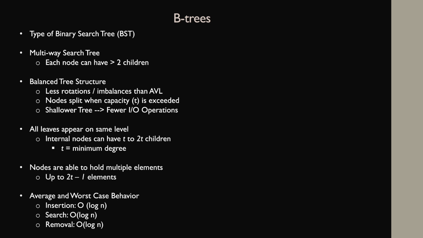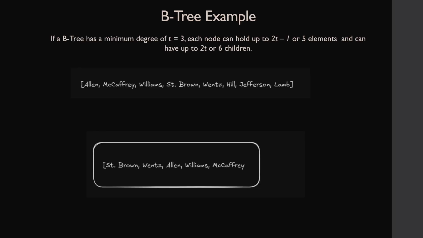So looking at the average and worst case behavior and time complexities, they also offer logarithmic performance for all the operations like AVL trees, so it's O(log n). And yeah, here's an example of the theory behind B tree.